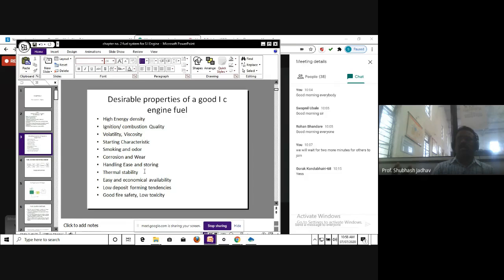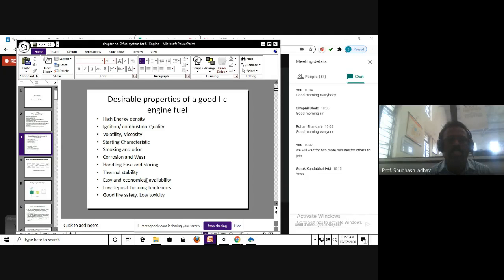At hot temperature it decays very easily, so it is thermally unstable. Here we are talking about thermal stability, that irrespective of temperature fluctuations, it should not change its characteristics, otherwise it becomes an undesirable property for the fuel.